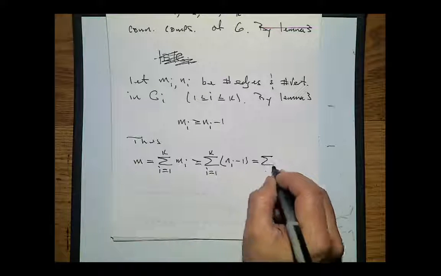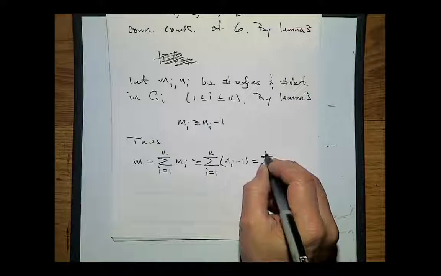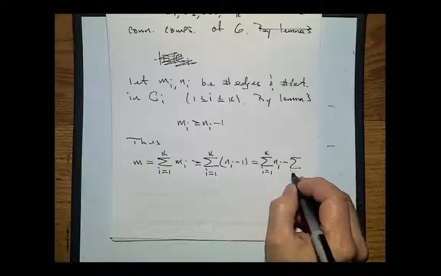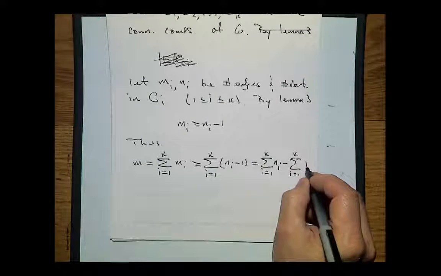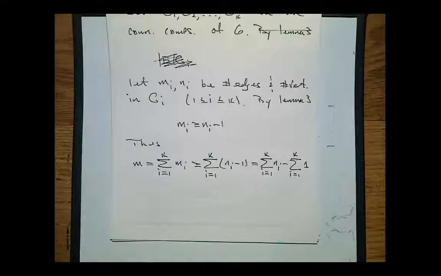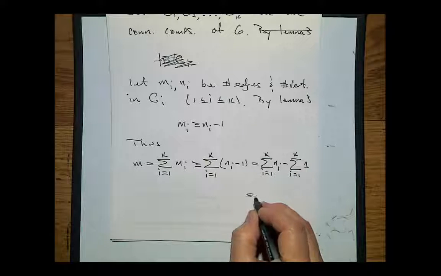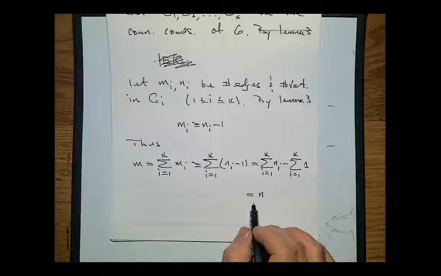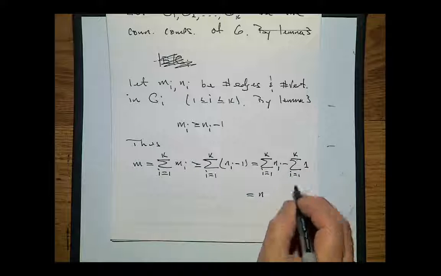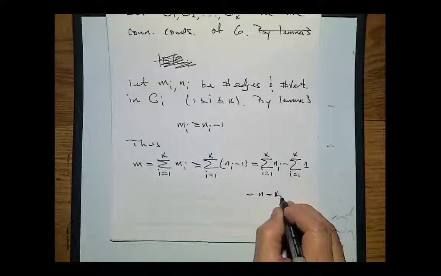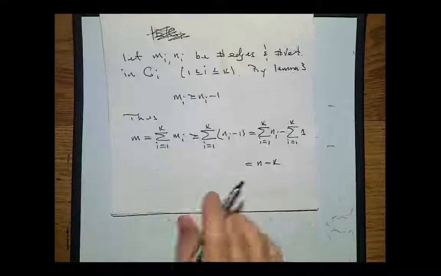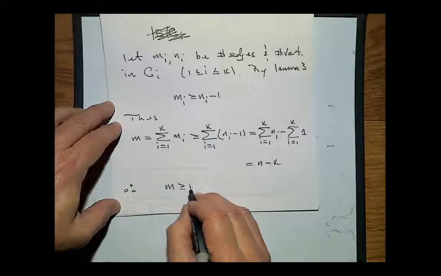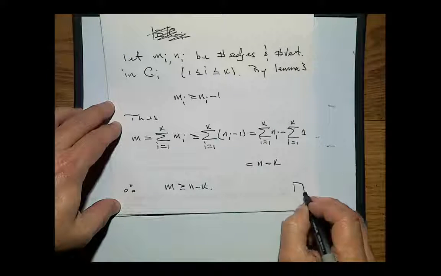This is the sum i equals 1 to k of ni minus the sum i equals 1 to k of a bunch of 1s. But this is equal to n, right? The number of vertices in each component added up gives me the total number of vertices in the graph. Add up k 1s, I get k. So with this inequality here, I get m greater than or equal to n minus k, which is what we wanted.